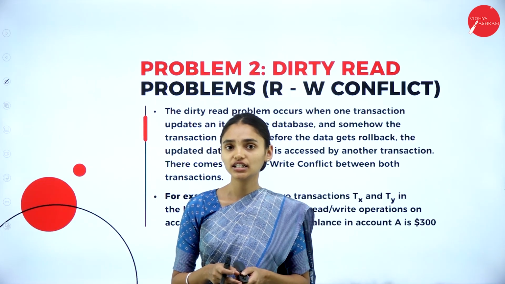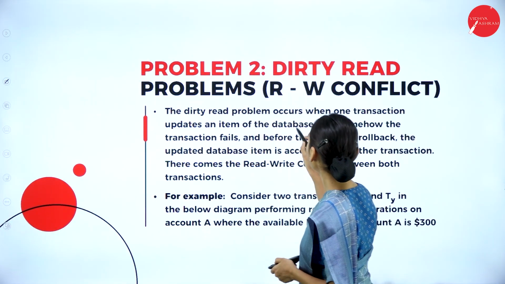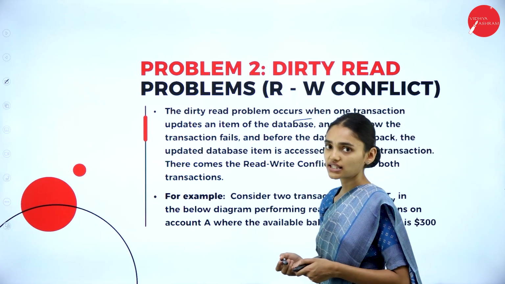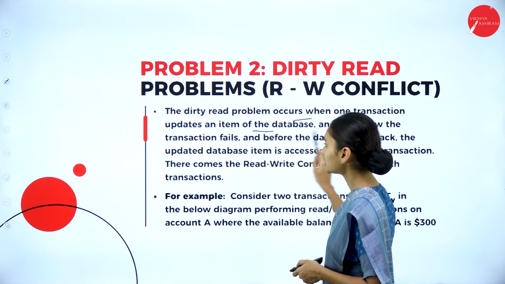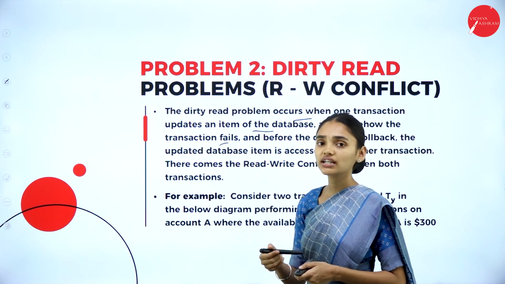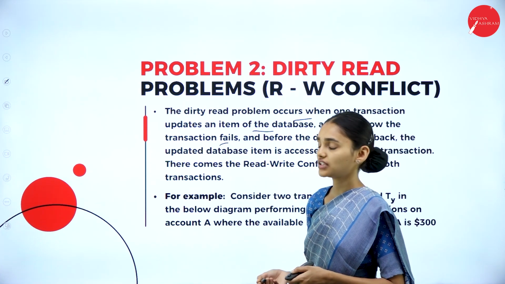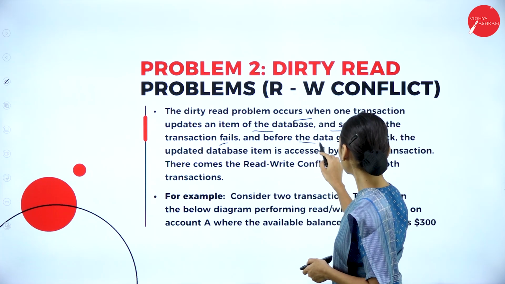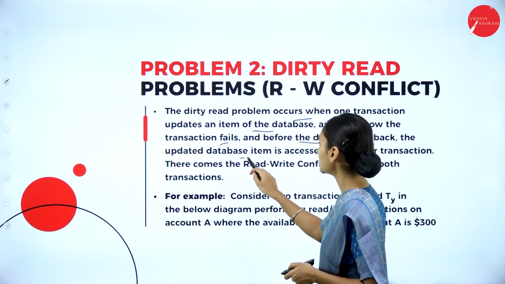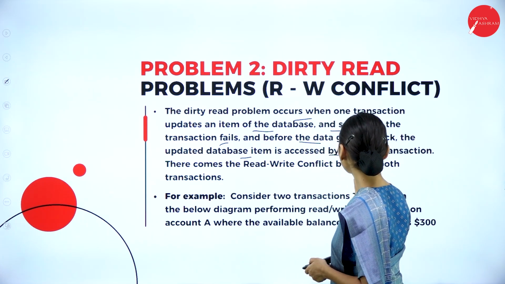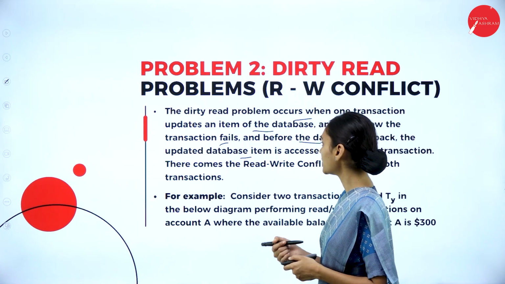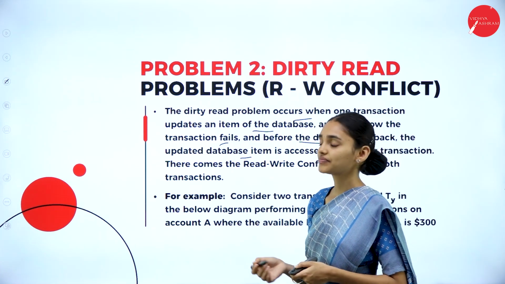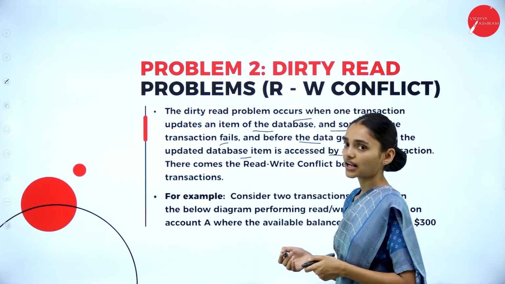Next is the dirty read problem. The dirty read problem occurs when one transaction updates an item of the database and somehow the transaction fails. So though it updates, the transaction fails. And before the data gets rolled back, the updated database item is accessed by another transaction.